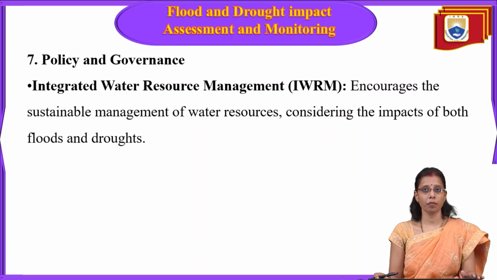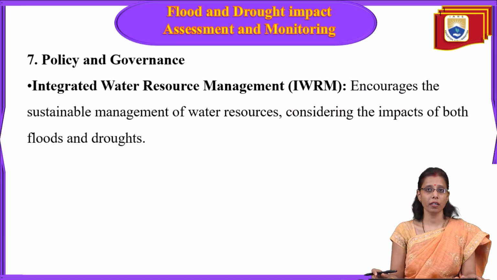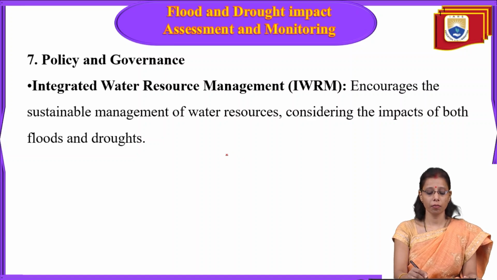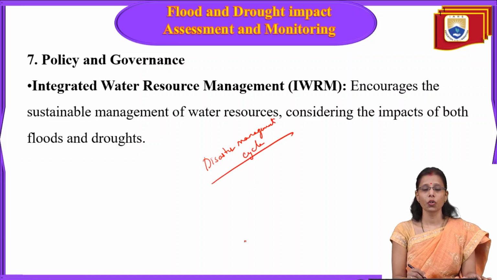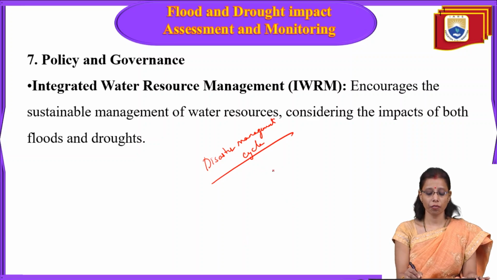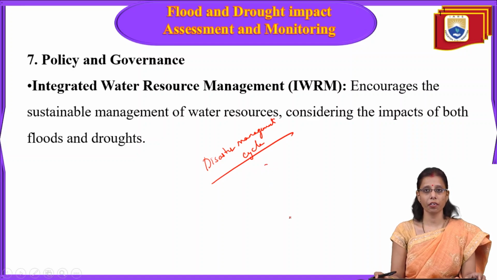While doing this flood and drought assessment, first of all, a disaster management cycle is followed for prediction and assessment. This cycle helps you predict drought and monitor it. In this cycle, first prediction and the prevention phase are taken.